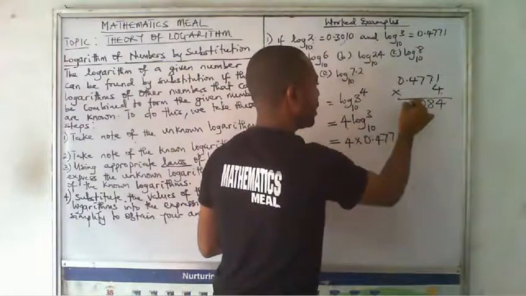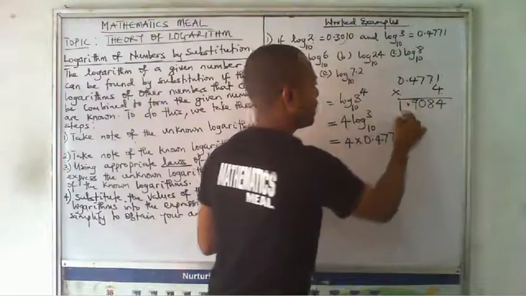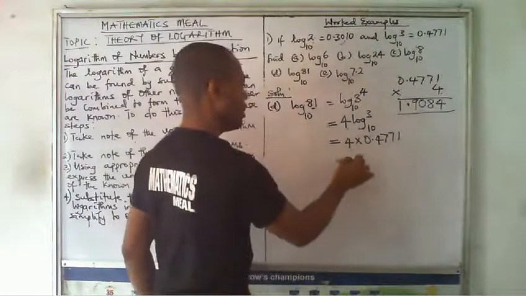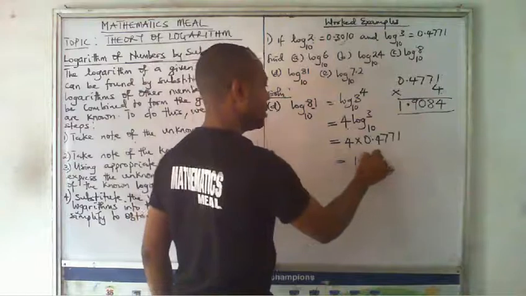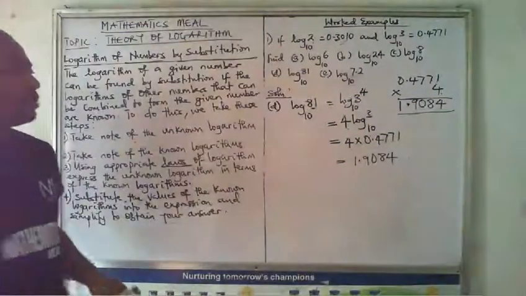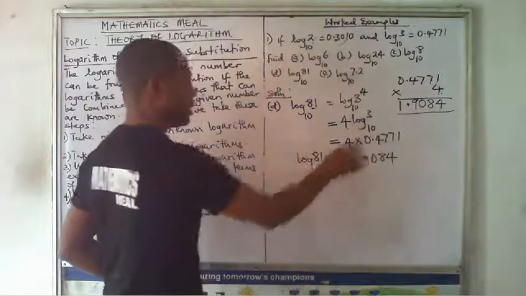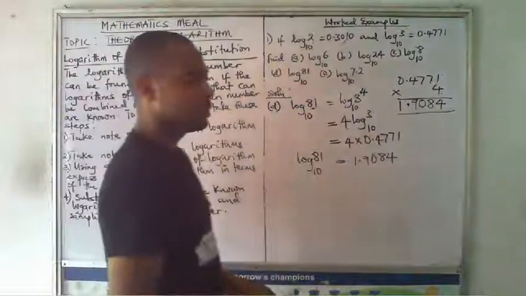We put down our 9. 4 times 0 is 0, plus 1. So this will give me 1.9081. That's log 81 in base 10. So log 81 in base 10 will give us that.